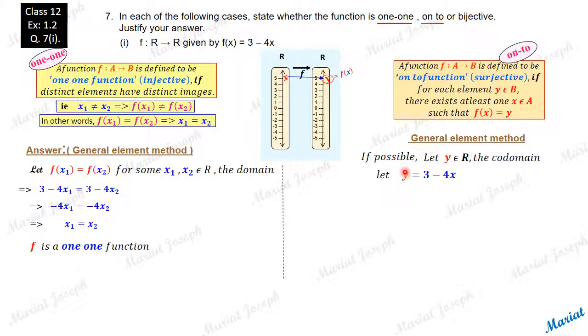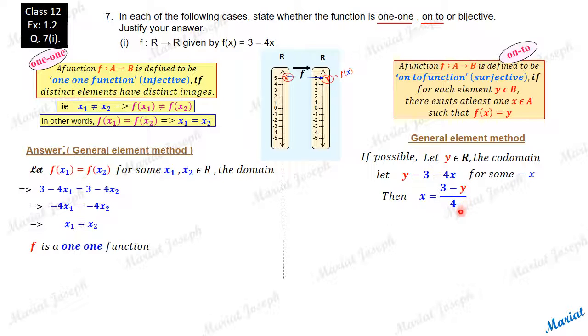Suppose the element we have taken is 3 minus 4x. From here, let's try to calculate what x is. It is possible to calculate, of course. Yes, y minus 3 divided by minus 4. That I am rewriting as 3 minus y upon 4. From this linear equation, solving for x, I could get an x.